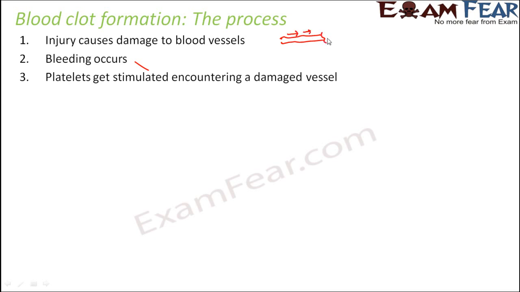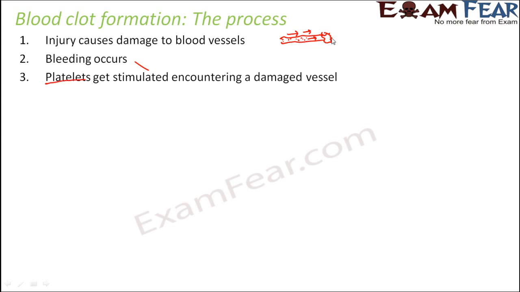And let us suppose there is a ruptured blood vessel somewhere here. Now all the components of blood are flowing along with the blood. It is something like if you keep a paper boat on a river, what will happen? It will flow along with the river. Right? So in a similar way, as the blood flows throughout our body, the components of blood flow along with it. Now the platelets are one of those components of blood.